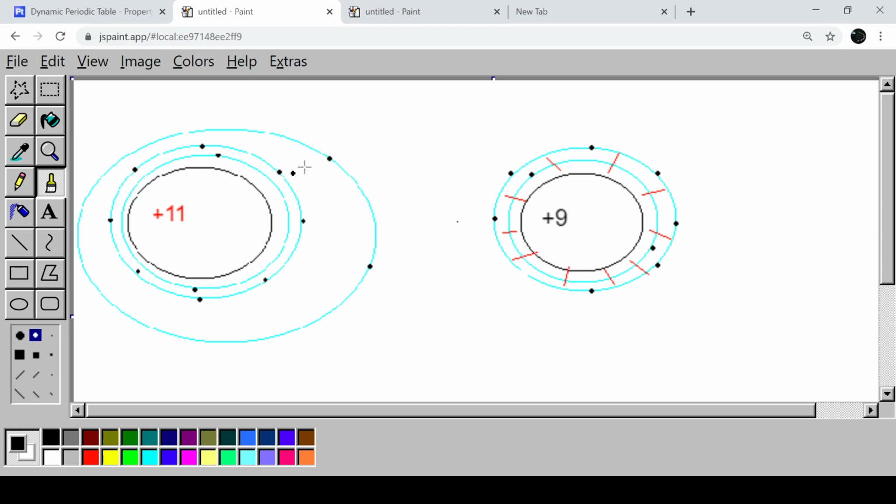Okay, it's not being held on very well. Whereas this one that has a total of 9, that one's pretty strongly held in there. Both of them have an extra electron and they have this -1 charge to it. But this one, because it's so much closer to the nucleus, it's going to be held on so much tighter to that nucleus. And that's the same concept really for most of this electron affinity.